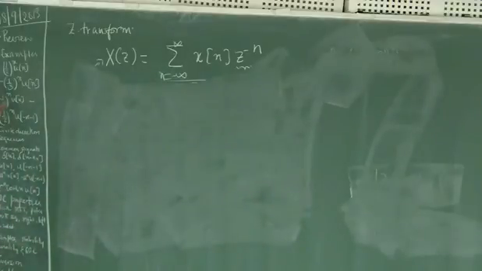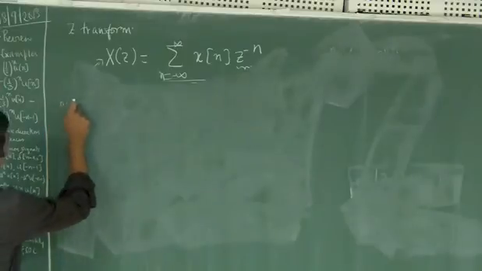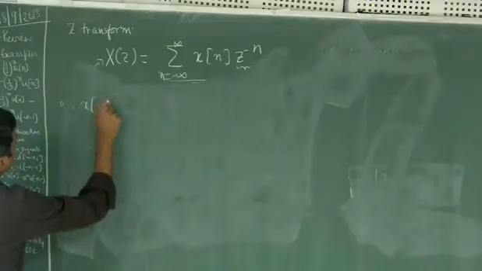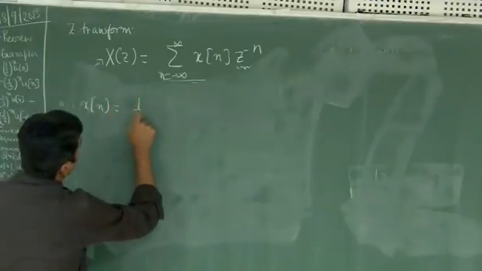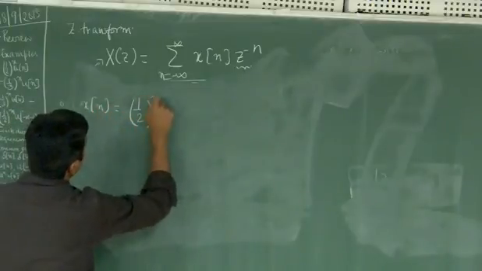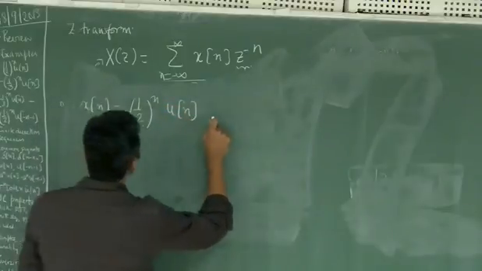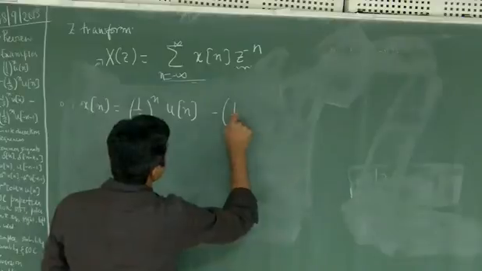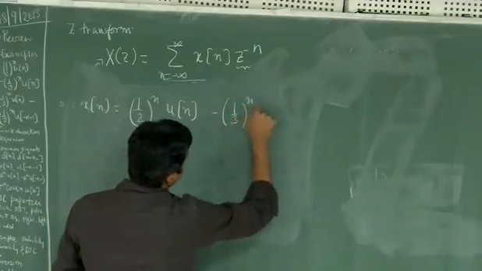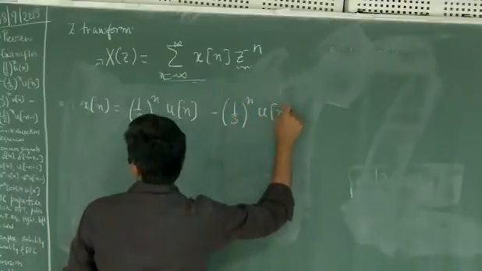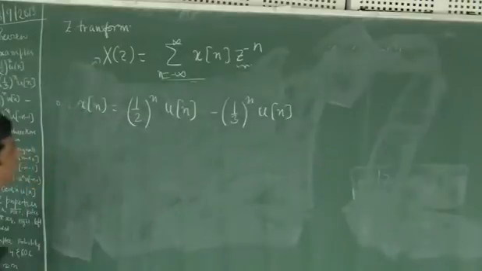Okay, now let's look at this example here. I'm telling you that my x of n is... okay.